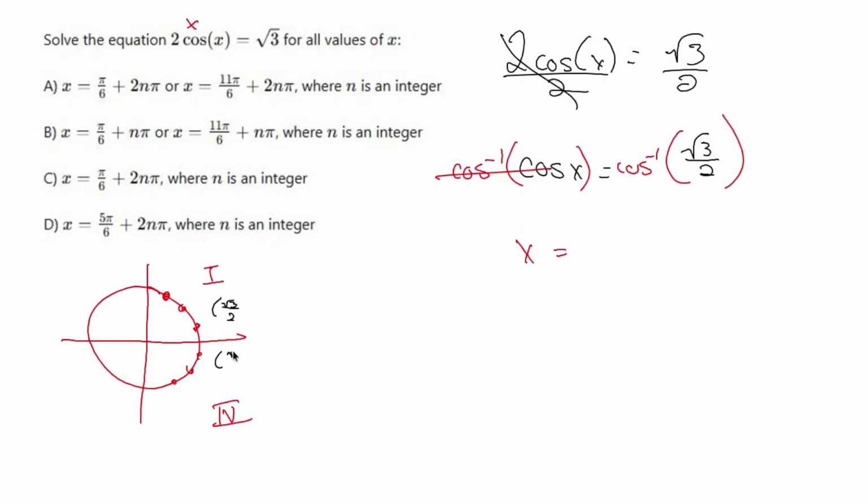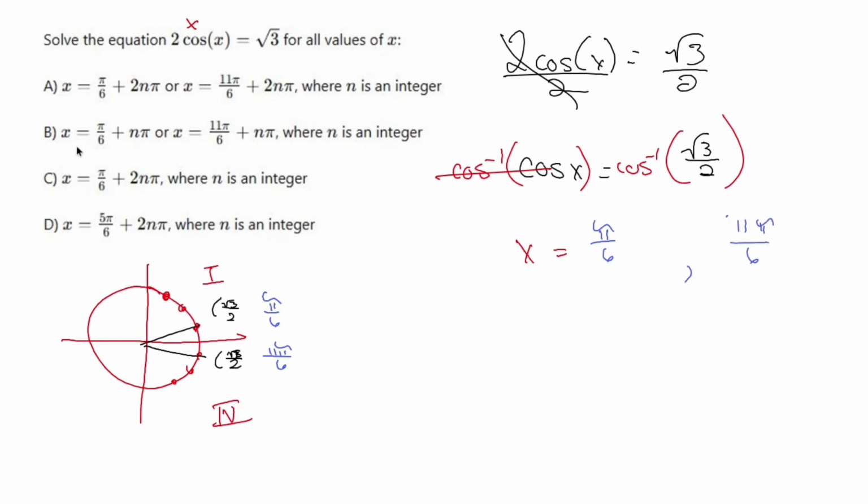So whatever that angle is, and whatever that angle is. That first angle is going to be pi over 6. And that second angle is going to be 11 pi over 6. So x could happen at pi over 6 and 11 pi over 6.